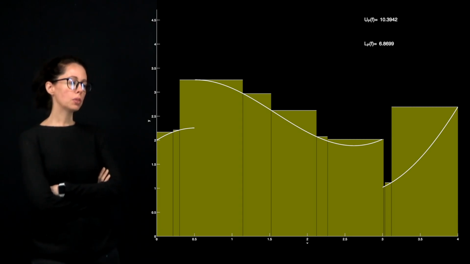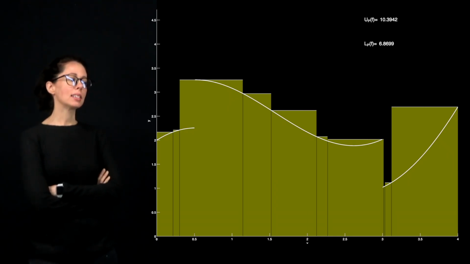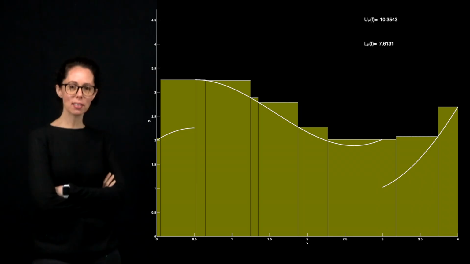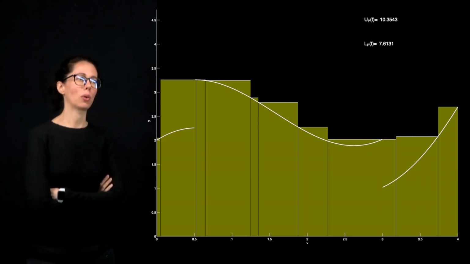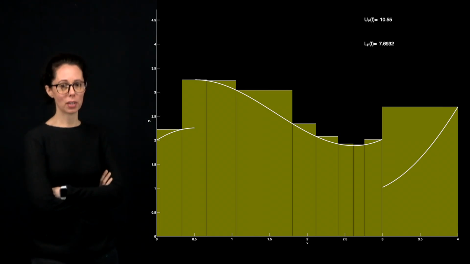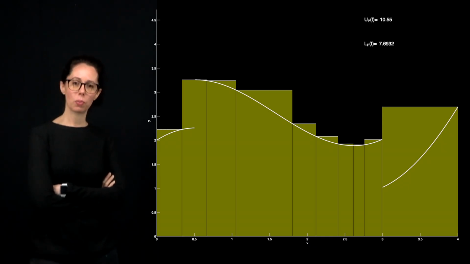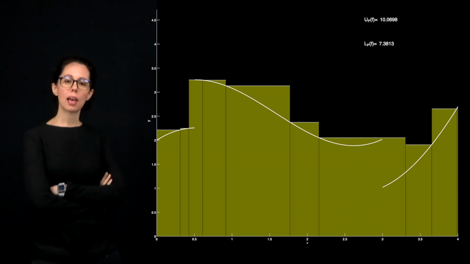We'll look at a few different versions of 10 subintervals, again randomly designed by MATLAB. And now we have 10 rectangular areas. You could do more. I think the program gets a little slow if I go up to 20 or 30, but the idea is that for each possible partition, and now we've seen several different partitions of this domain, the upper sum that we would compute is just a sum of a bunch of tall rectangular areas.